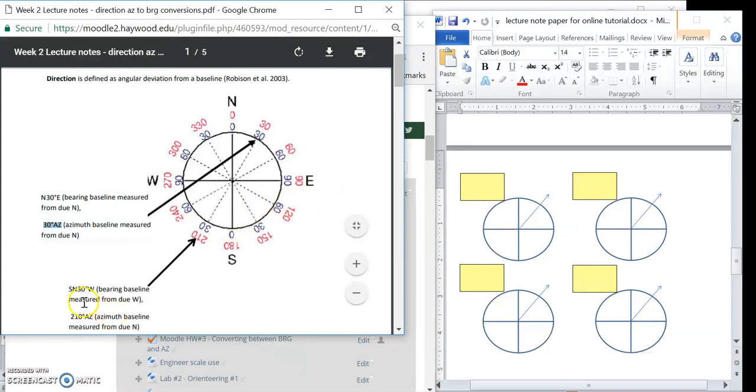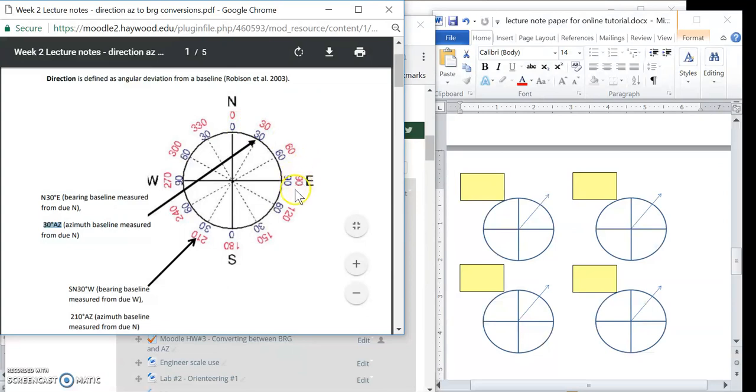In this case, this bearing is north 30 degrees east. This azimuth is exactly the same number, just 30 degrees azimuth. So in the northeast quadrant, take a look that bearing and azimuth are exactly the same number.